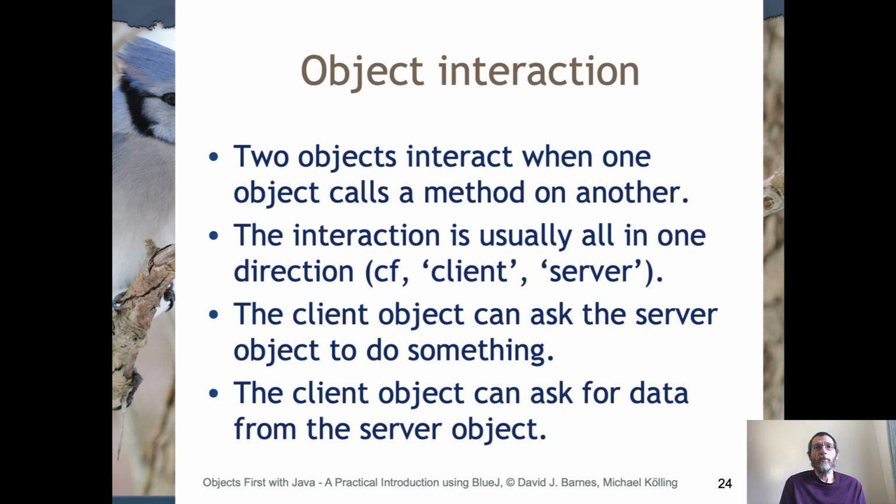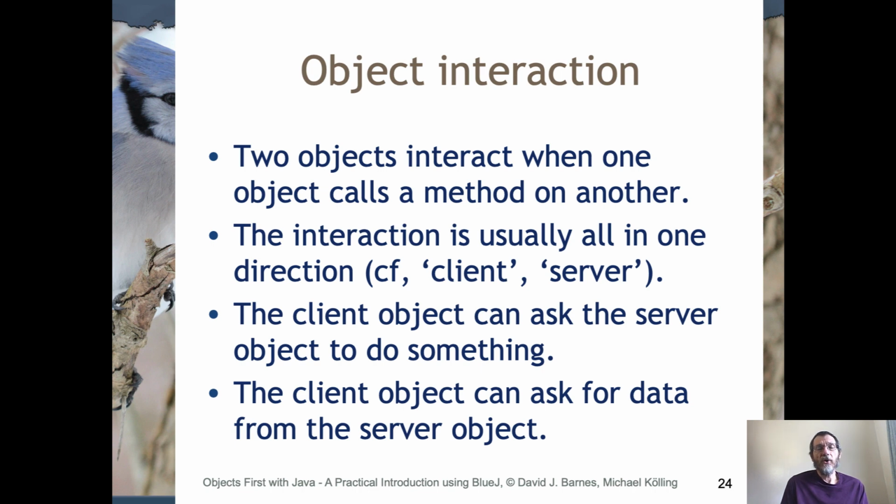So since all programs are going to consist of multiple objects interacting, how exactly do objects interact? Well, we've seen how to write methods. We've seen that methods provide objects with their behavior, and two objects interact when one object calls a method on another object.